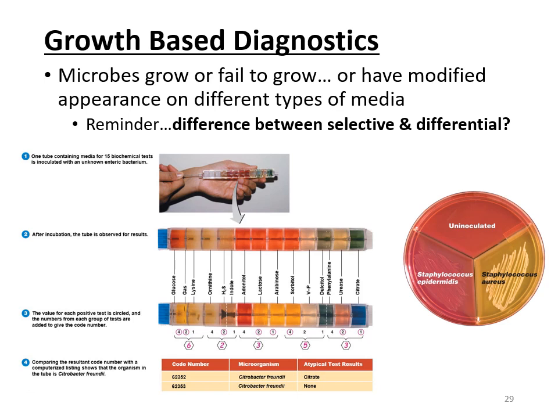So you have selective and differential media. With selective media, the microbe will either grow or not grow, so certain strains or species will be inhibited.